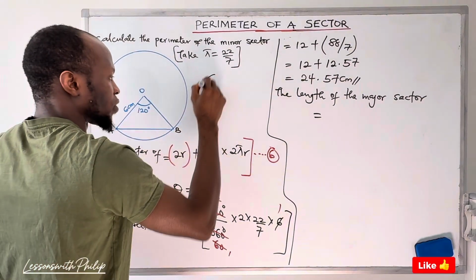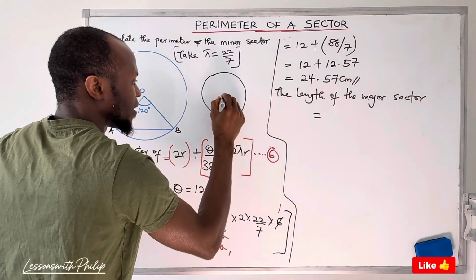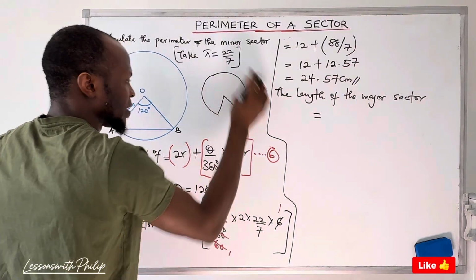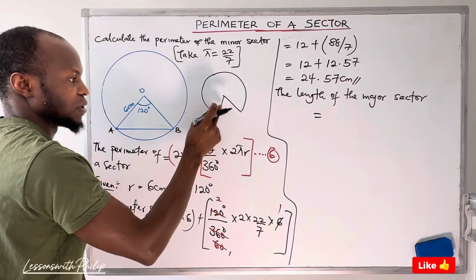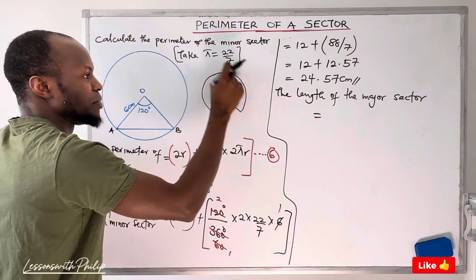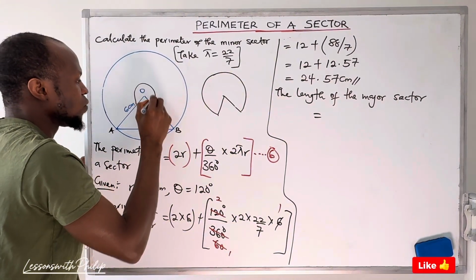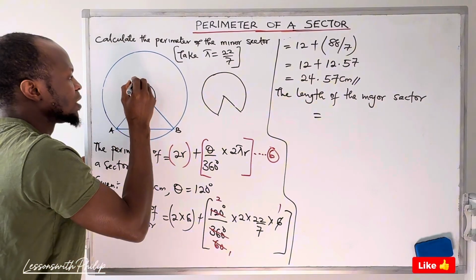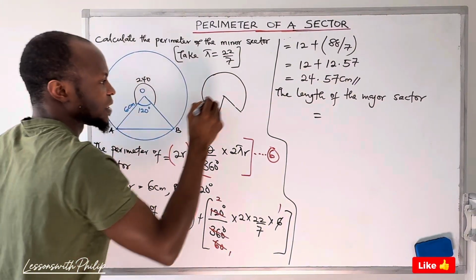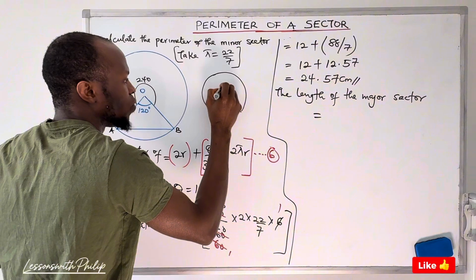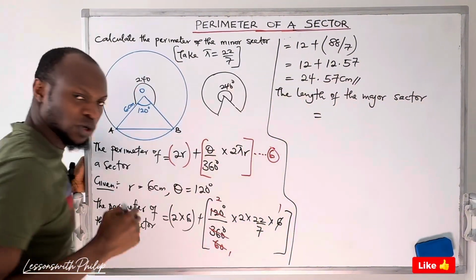Let me draw the sector so that you understand what I'm trying to say. This is the sector we have to calculate. We still have our two radii, then we have the major arc. For the major arc, this is the angle we are going to use. If this is 120, the other one will be 240 degrees. That shows this place to this place will be 240 degrees. That is what will change.